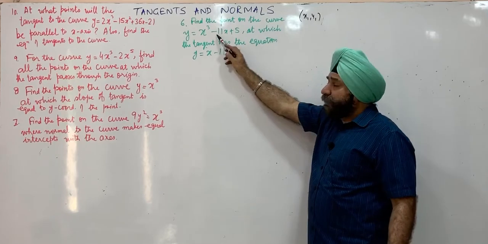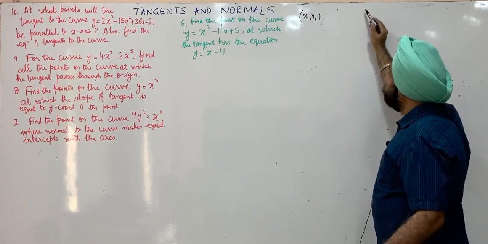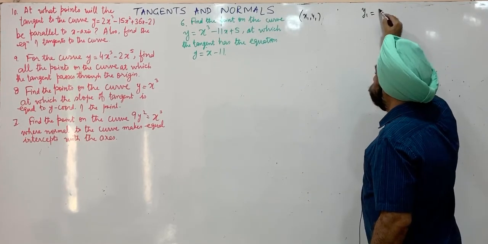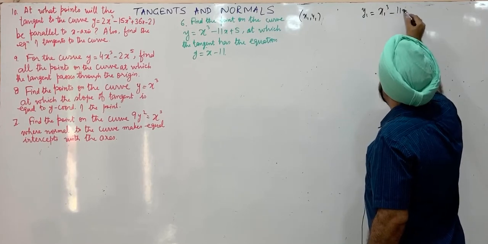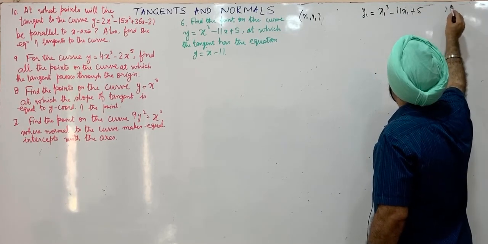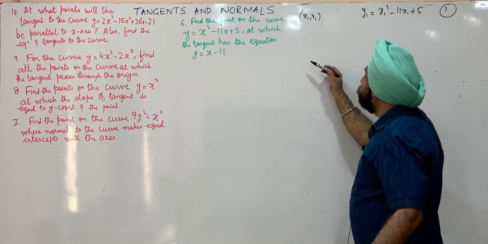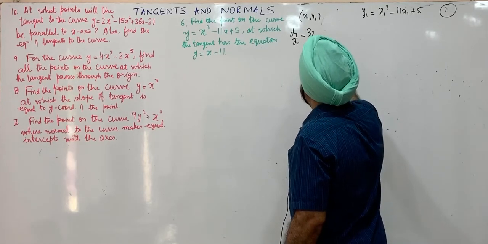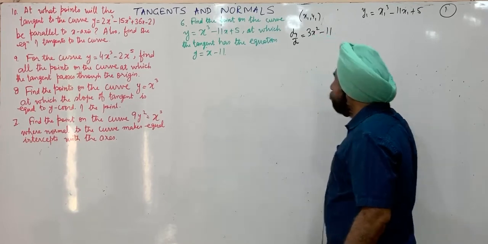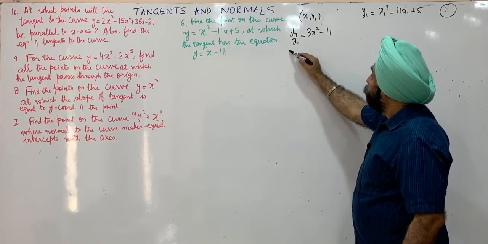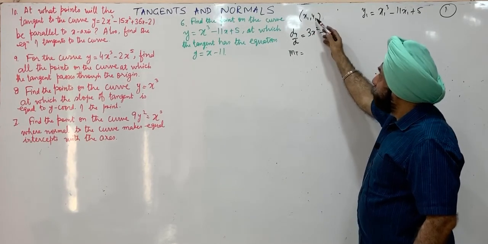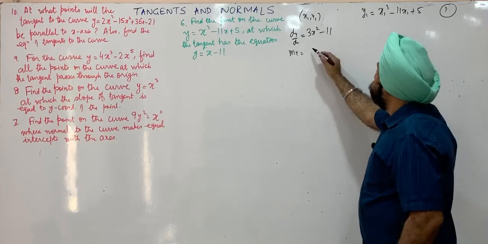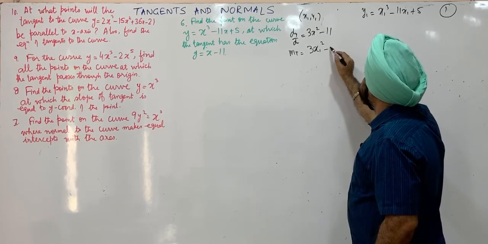The point lies on this curve, so the point will satisfy the equation of the curve. It's x1 cube minus 11x1 plus 5. This is the first equation. Let us differentiate. The derivative is 3x square minus 11, and to find the slope of the tangent, we put this point here. It's 3x1 square minus 11.